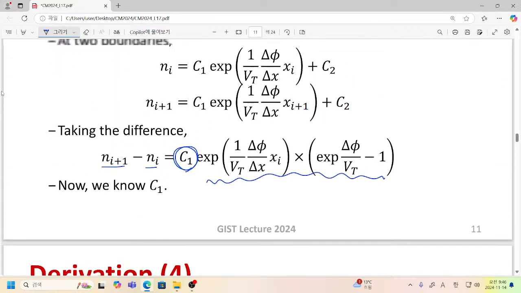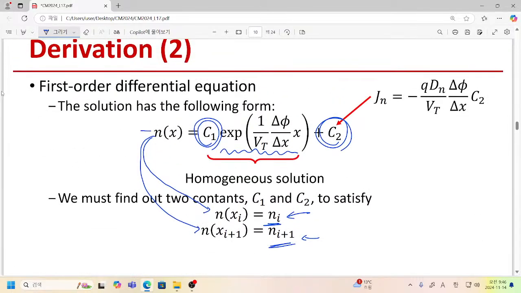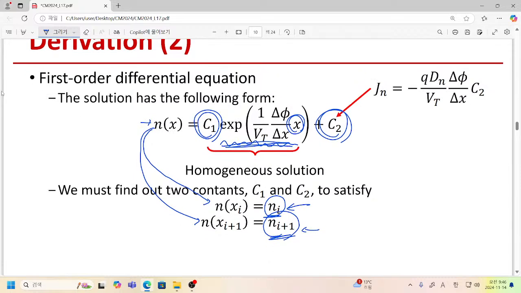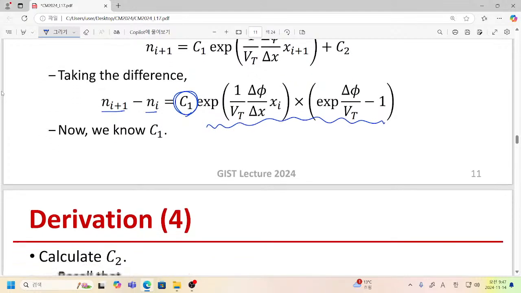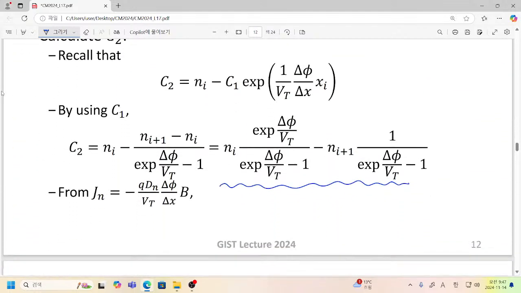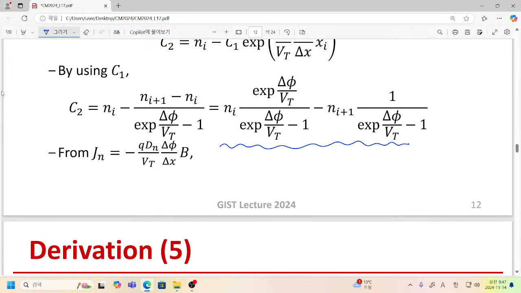Because our solution n has exponential dependence on the position. So in order to match n sub i and n sub i plus 1, our C1 and C2 should be very complicated. Anyway, now we have C1 and C2, and we can calculate Jn.